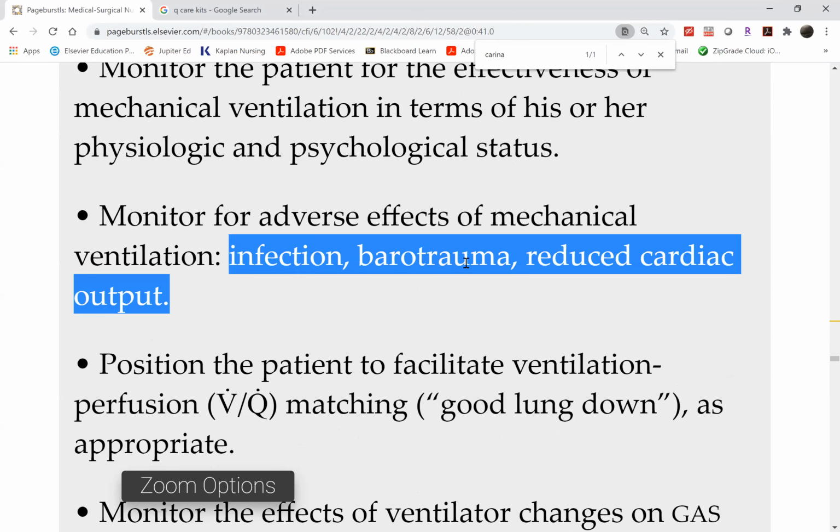Barotrauma is from pressure; baro means pressure. Remember, the patient's lung compliance changes. They could get better, they could get worse. So the settings, the pressure settings, the amount of tidal volume will have to change with it. I'll explain all that again later.